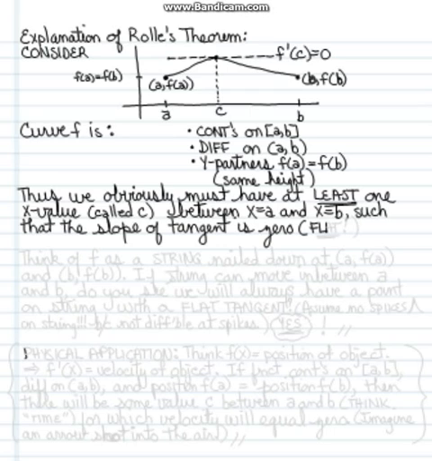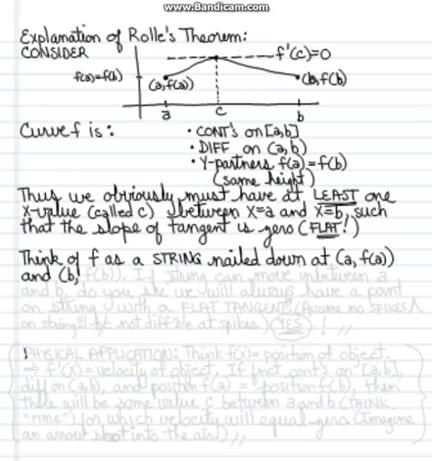Now, it would be easy for you to visualize this if you imagine nailing down a piece of string. The string is the function. Nail it down at the endpoints, and then move the string around a little bit. You can always pull the string up a little bit, and you'll get a flat tangent, or pull it down, and you'll get a flat tangent when you do that, as long as you can fluctuate and you don't have any openings or spikes on this thing.